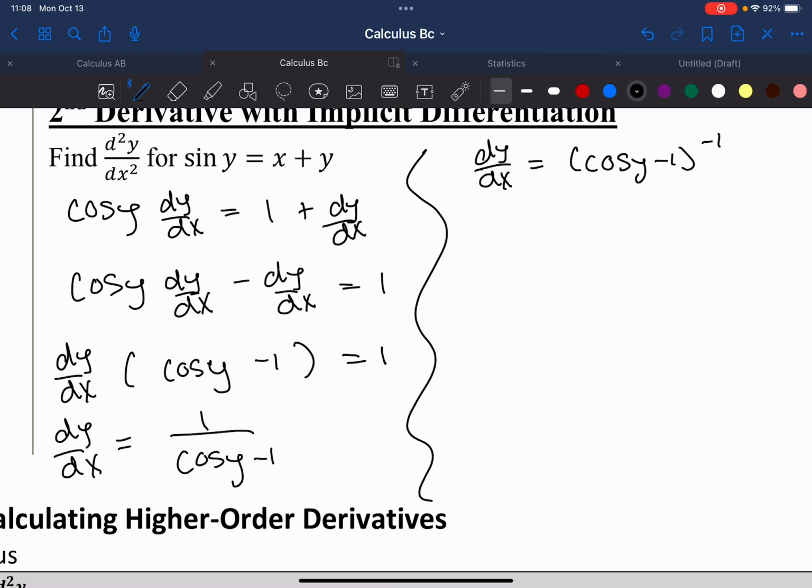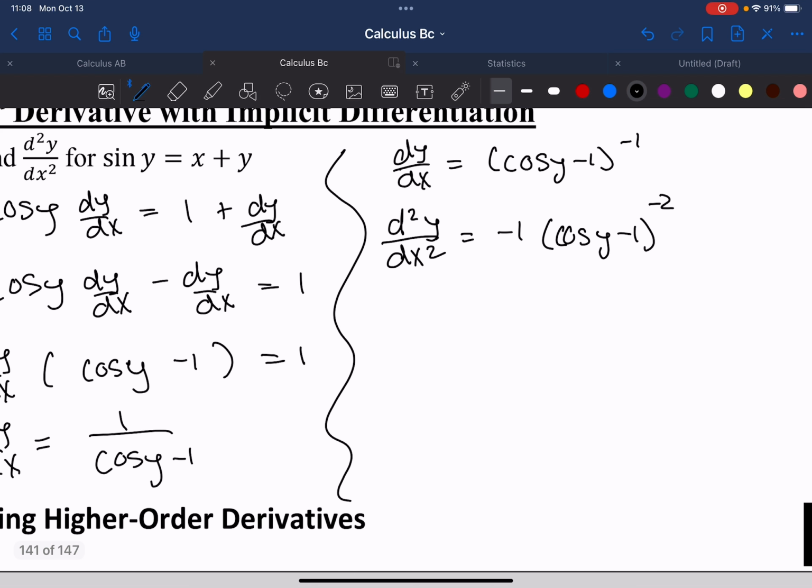Which means that d squared y over dx squared is equal to negative 1 times cosine y minus 1 to the negative second power. That's the outside. Then I have to take the derivative of the inside, which would be negative sine y dy dx. Well, I already know that dy dx is cosine y minus 1 to the negative 1 power.